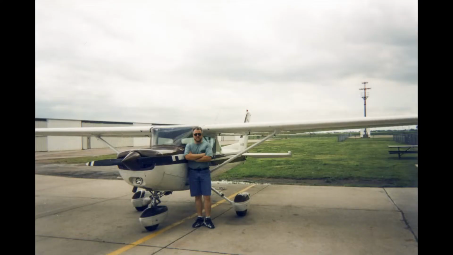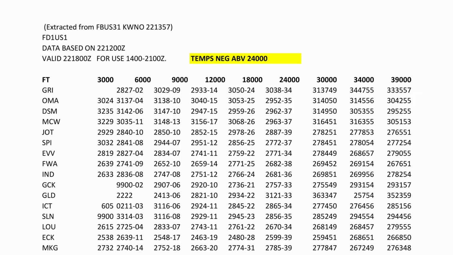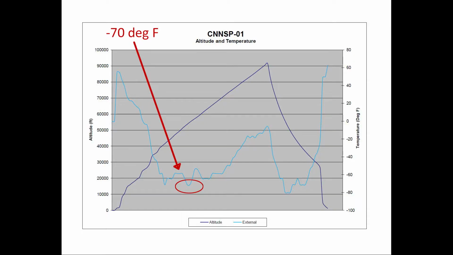Back when I was studying to get my private pilot's license and learning about weather and forecasts, one of the things that I learned was that above 24,000 feet, it's always below freezing, no matter what time of year. What I didn't know is that it gets more than twice that cold as you get higher. More on that later.